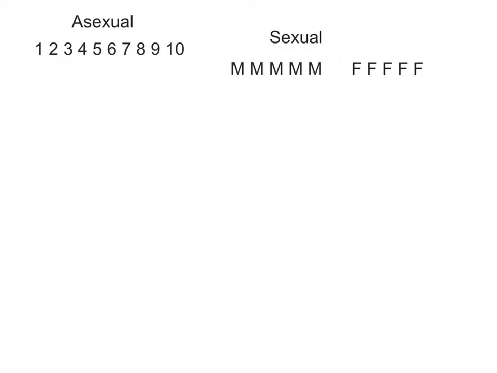You have 10 asexual. That means each one, we're going to say, just can have one offspring.